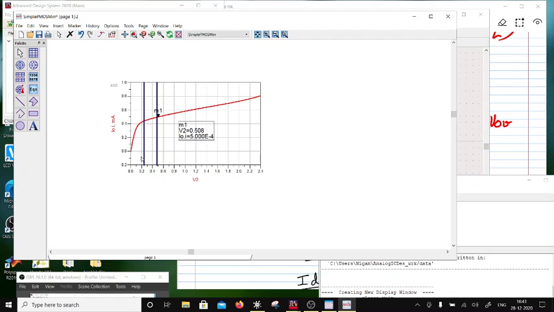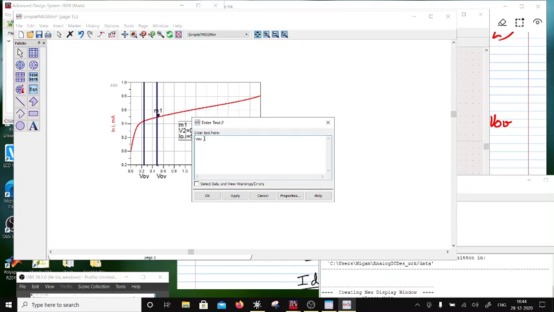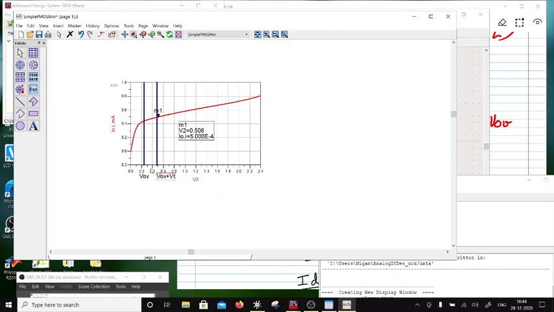This difference is basically your VT, and this first value is V overdrive. This value is V overdrive, and this value is VT plus V overdrive, and this is because of the diode connected transistor.